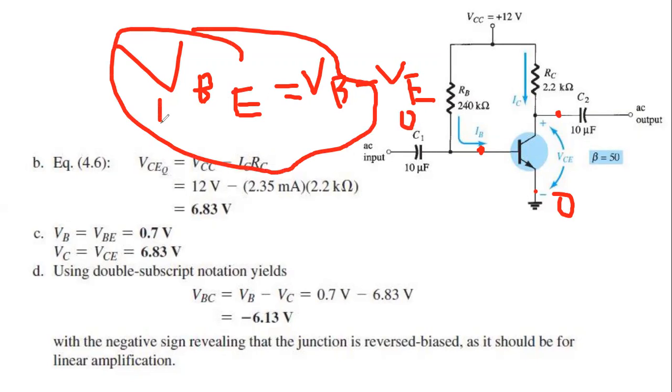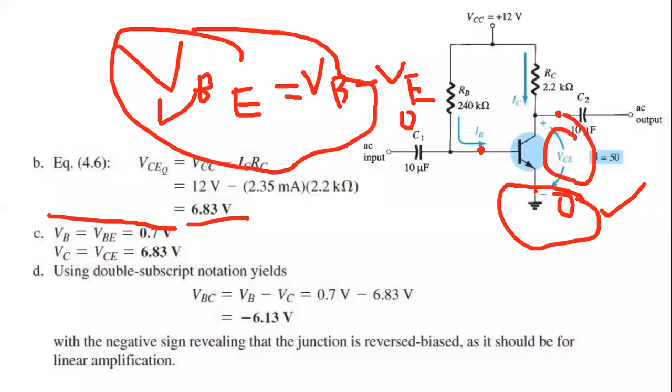We all know that the VBE value is 0.7. So that's why you see that VB equals 0.7 volt. In a similar manner, the voltage at the emitter point is 0, so VC equals the VCE, 6.83, as we discussed earlier.